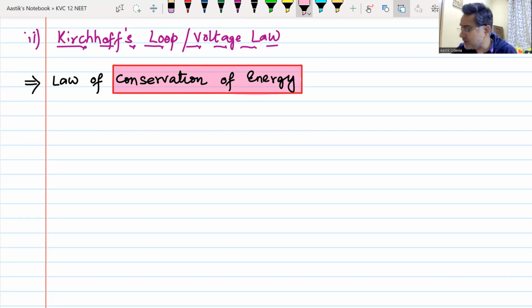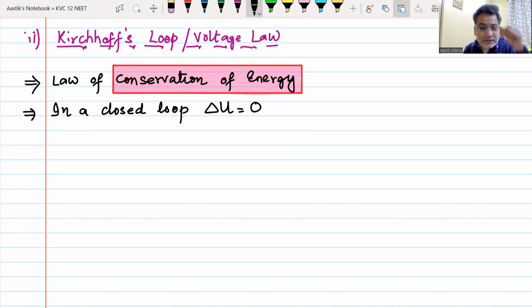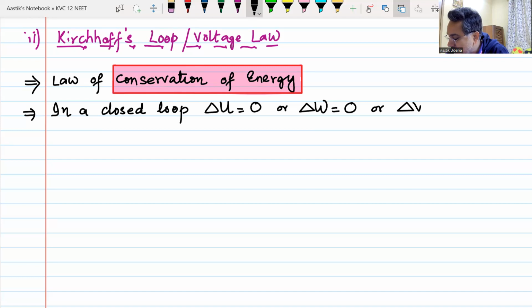So what it says, I can write it in different ways. If you move in a closed loop, the change in electrostatic energy is zero. This is one way of writing it. Or the work done by electrostatic forces is zero. Or you can write it as change in potential is zero.